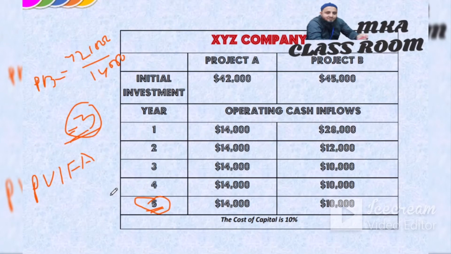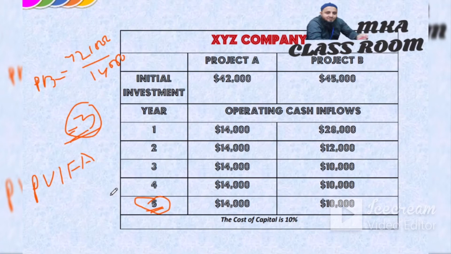So you have to search in the 5 row where it is near about 3. You see here 2.9906, that is near about 3.